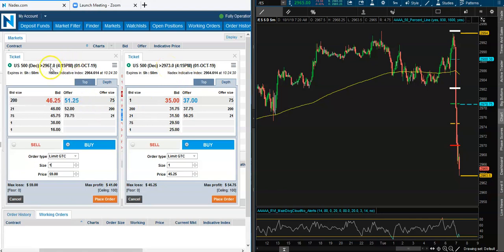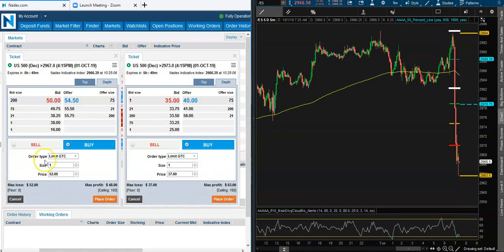If we get long at 67, and currently we're at 65, we're going to have to pay, we'll say $53, or let's bring it down to 52 even. Over here, if we want to get long the 73s, and we'll just round this off to 37, our max loss is $37, what we pay. Our max profit would be 63. And on the 67, our max loss would be 52 with a max profit of 48.